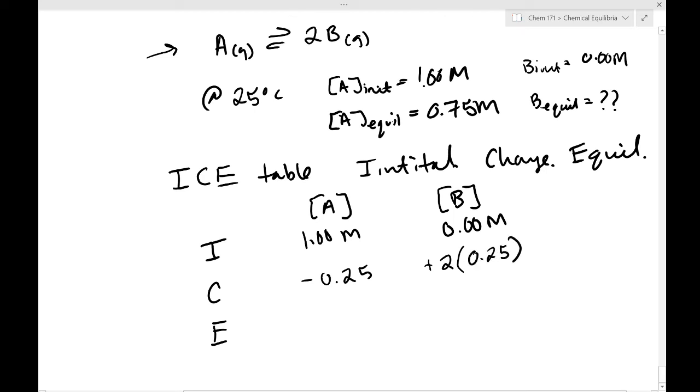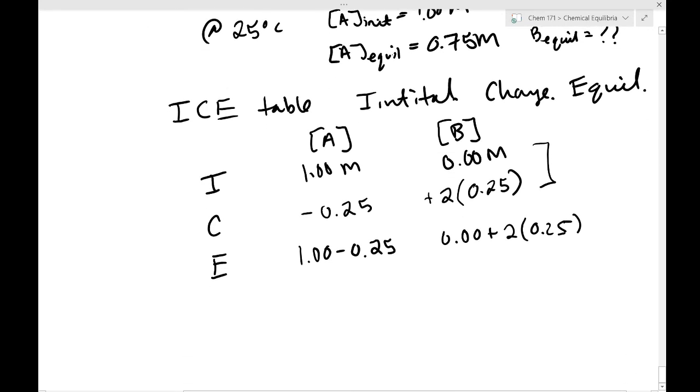Okay, then we have equilibrium, which is 1.00 minus 0.25, and this is 0.00 plus 2 times 0.25. So at equilibrium, you just add these two values together. Okay, and then we have the equilibrium constant expression.